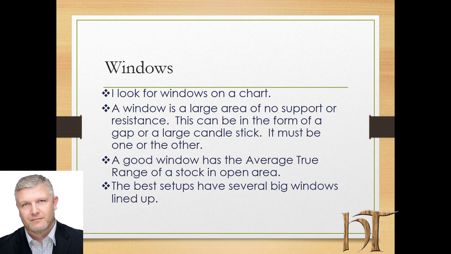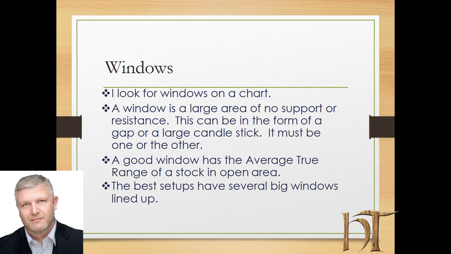So if you're trying to draw a horizontal resistance or support line, there isn't any. That's a window. Now, a large window can be formed by either a gap or a large candlestick, but it has to be one or the other.